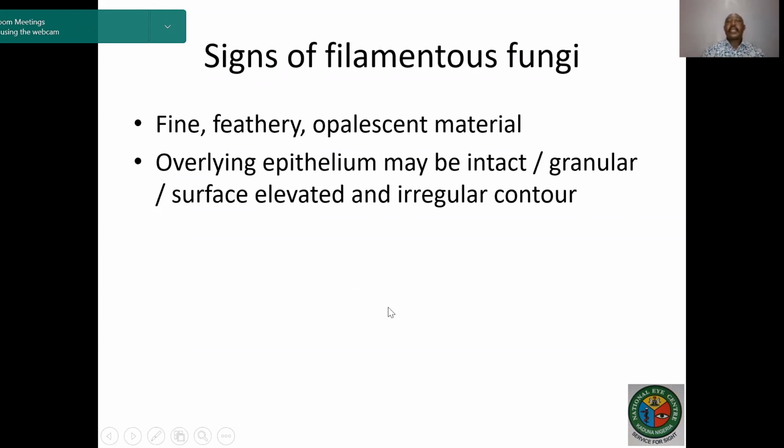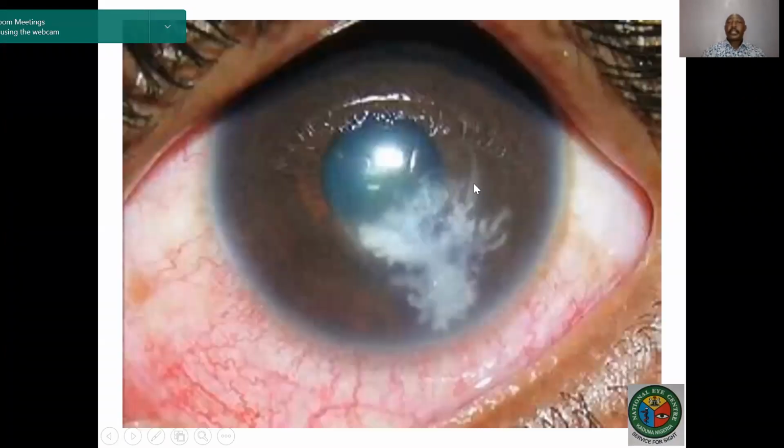And usually the overlying epithelium may be intact, or depending on how deeply the ulceration has gone, it may have affected the surface, creating some granular elevations and irregular contours in the corneal surface. These are the fine crepes and extensions of the fungal organism.